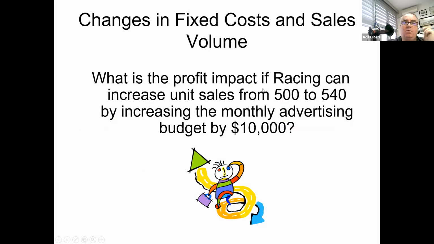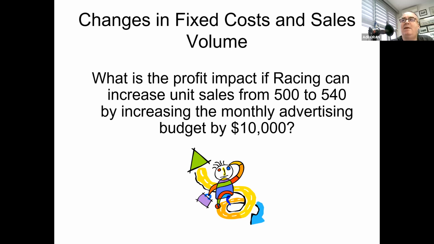What would happen? So going back to the bicycle example, if Racing can increase its unit sales from 500 to 540 bicycles by increasing its advertising budget by $10,000. So we spend $10,000 and we are able to increase our sales by 40 bicycles.